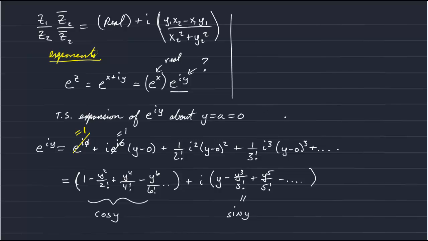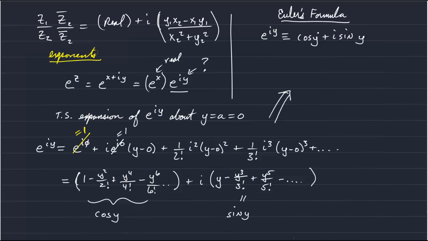So therefore, from this Taylor series expansion, we find that e to the iy is equal to cosine of y plus i sine y. And this is Euler's formula. So this is where Euler's formula comes from. Okay?